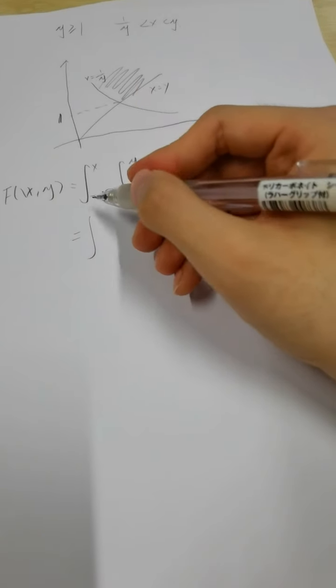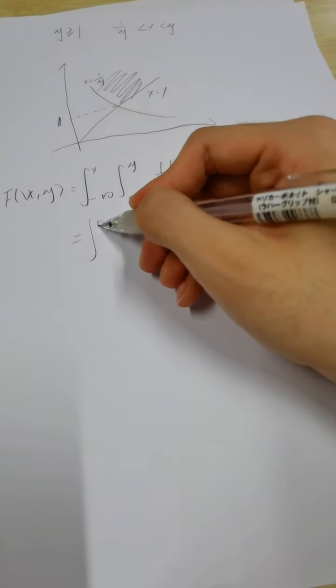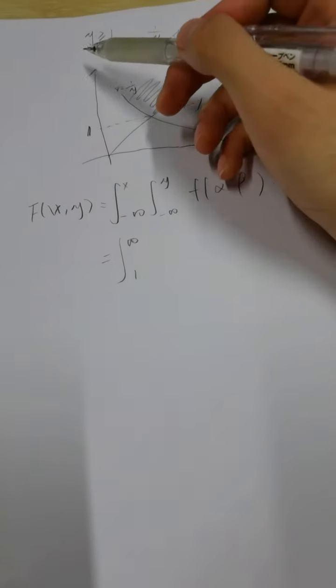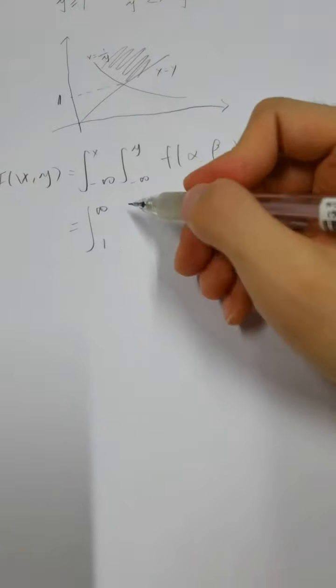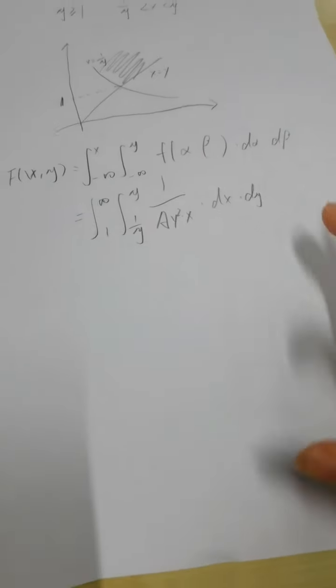So let's do it. First, we need to write out the y part, because it's from infinity to 1. They already gave us that before. And the x part is from 1 divided by y to y. The equation they give us is 1 over a y squared x, times dx, in the inner part, and the outer part is dy.